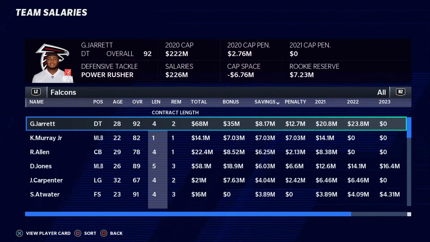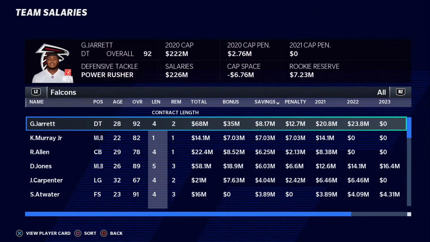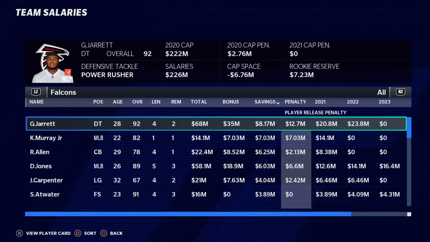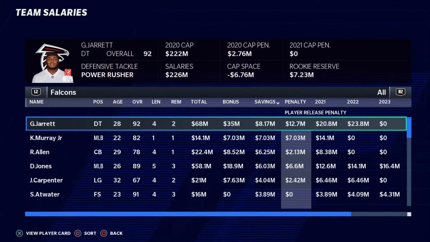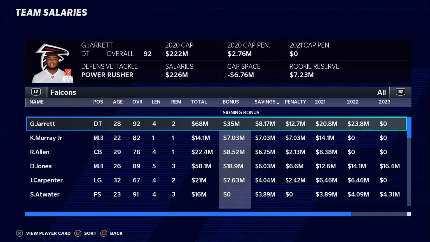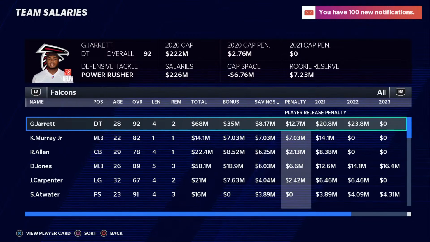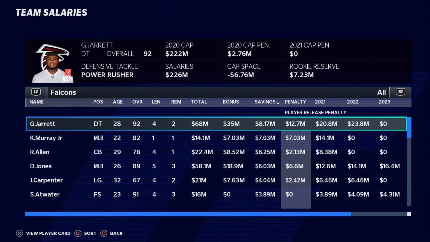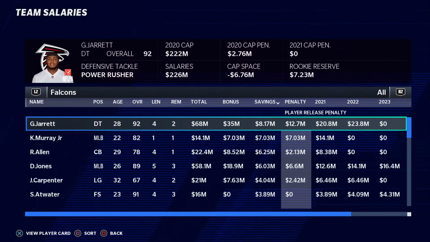But he's 92 overall, he's 28, he's still young. I may not want to cut him. Plus, his penalty is $12 million. Remember, every time you cut a player, whatever that signing bonus is, you're going to pay the rest of it. That's the penalty. So $12.7 million goes straight to the cap penalty area.